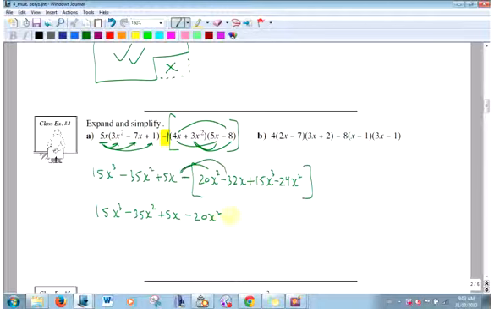Negative times a negative is a positive 32x. That becomes minus 15x cubed. And a negative times a negative is a positive 24x squared. We having fun yet? Okay. Now, no more brackets. That's all I did. Flip the sign on every one of these. That's what that minus does.